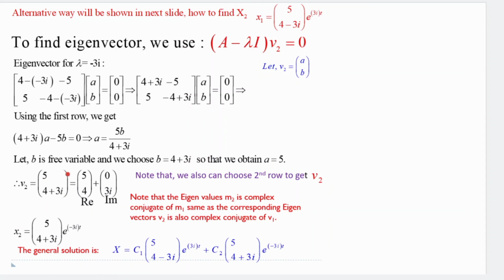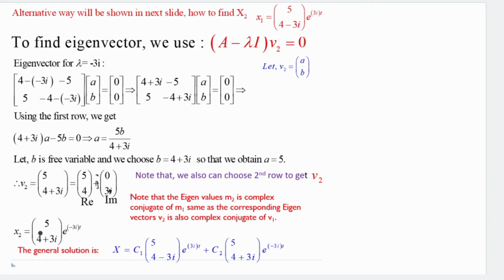So in this case 5, 4 is the real part, and 0, 3 is the imaginary part with the i here. But here we use this equation to find the vector B2.